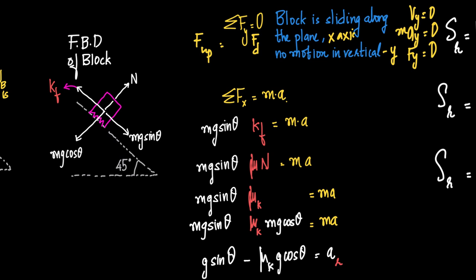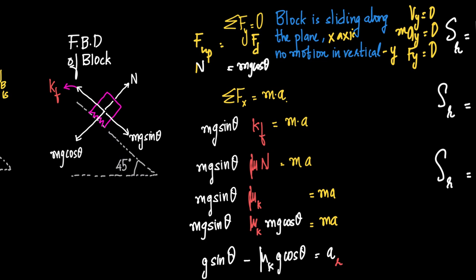What are the various forces acting upwards? The only force that is acting upwards here is the normal reaction. So we have normal reaction N is equal to what is the force acting downwards? The only force acting downwards here is mg cos theta. So this is equal to mg cos theta, right?